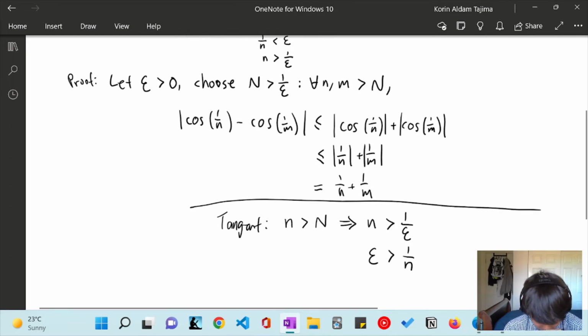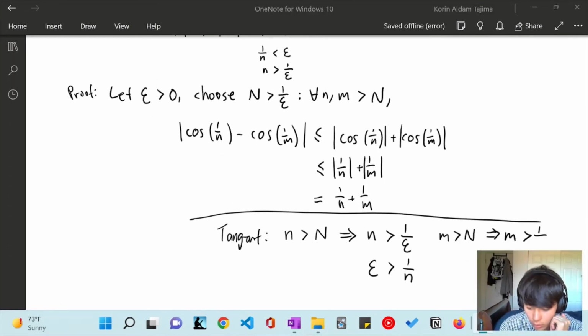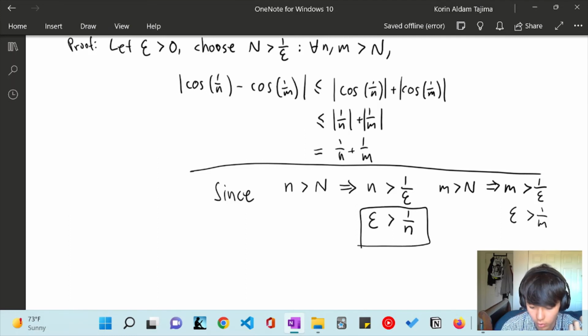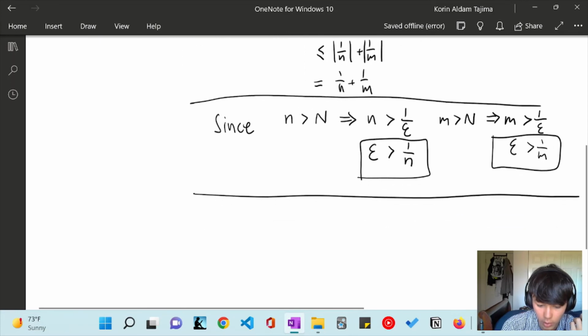I was getting scared there. Okay, so do the same thing for m. We get epsilon is greater than 1 over m. I'm also not going to call this a tangent because that's kind of confusing. I'm going to say since n is greater than N, that implies that n is greater than 1 over epsilon, and then we get epsilon is greater than 1 over n, and epsilon is greater than 1 over m.